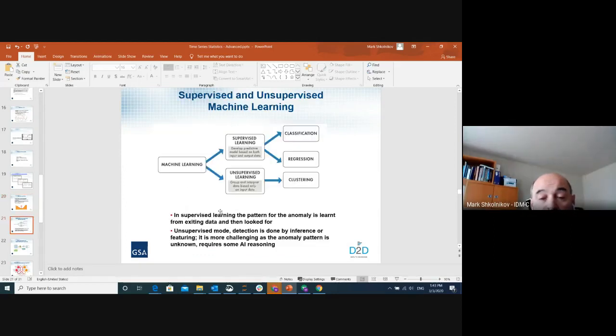A few more words about machine learning. There are two types of machine learning, supervised and unsupervised. Supervised means that you train your algorithm, and basically, you use your Python development environment, you import this scikit, you pick up the model, you feed it with the data, and the data has answers.